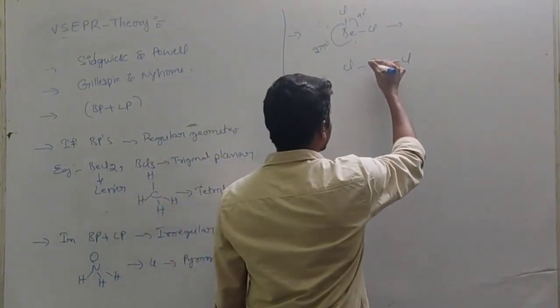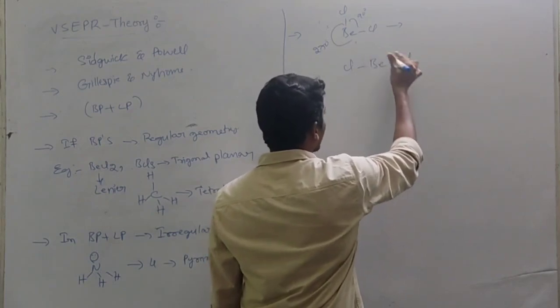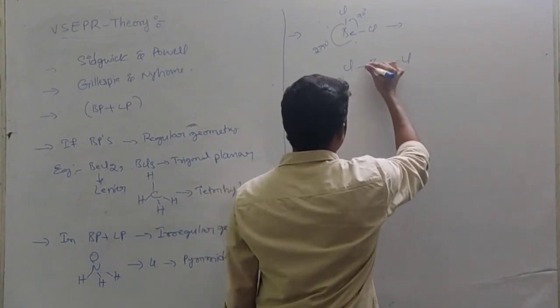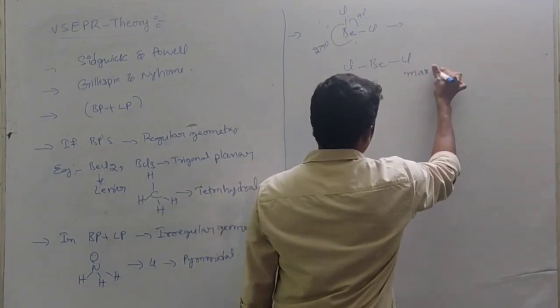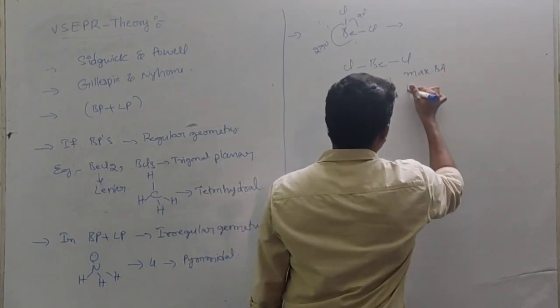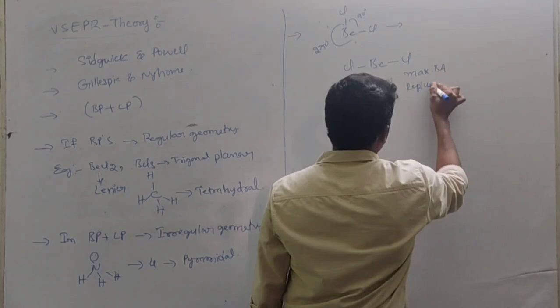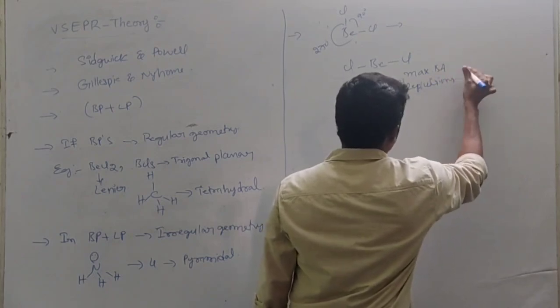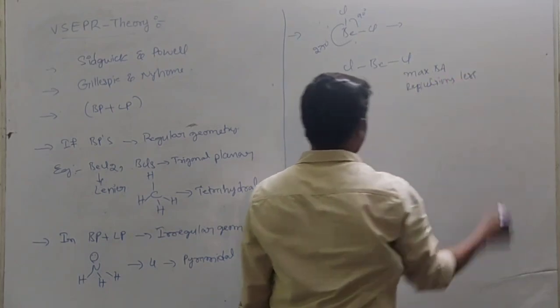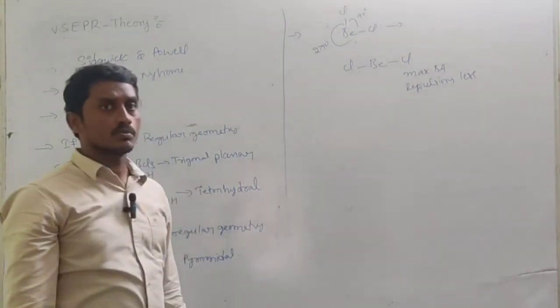Because of maximum bond angle, repulsions will be less. Repulsions will be less, stability is more.